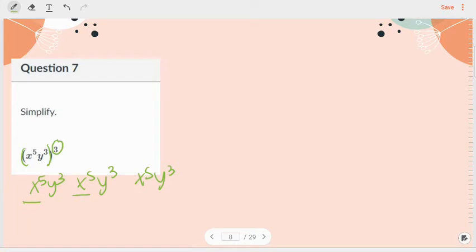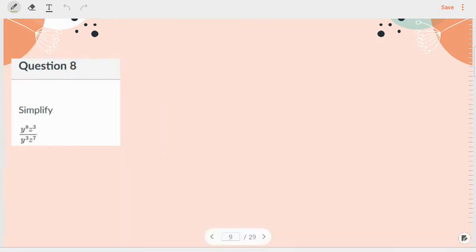So 5, 5, 5 gives me a total of 15. 3, 3, 3 gives me a total of 9. Or remember I can multiply. 3 times 5 is 15. Whoops, 15, not 5. And 3 times 3 is 9. So this is my simplified answer.